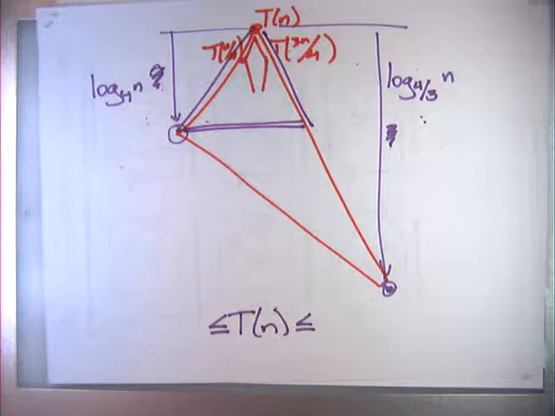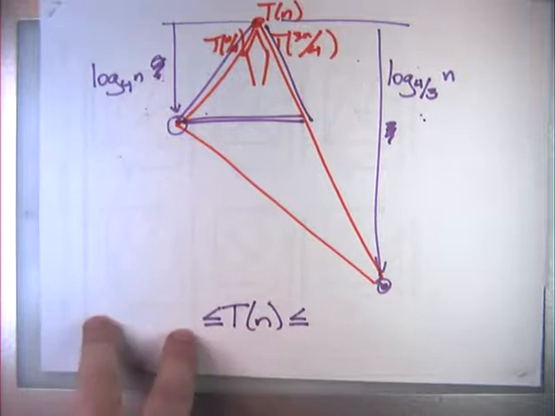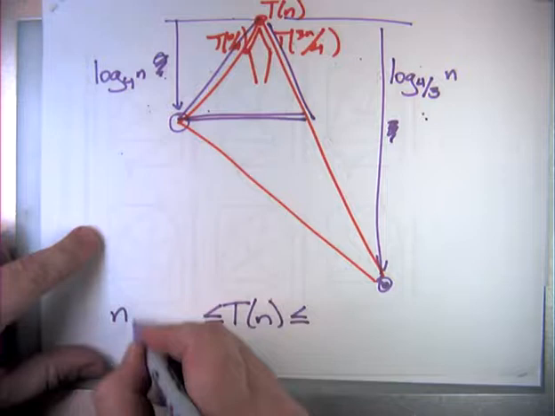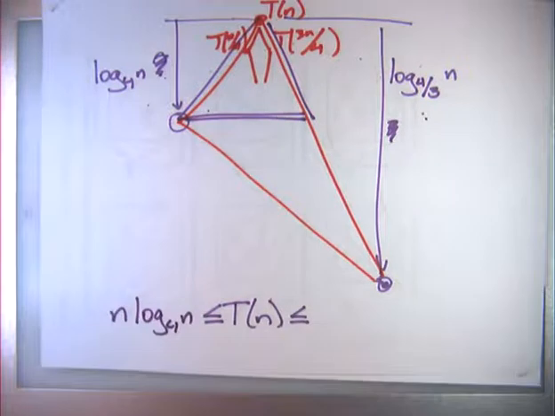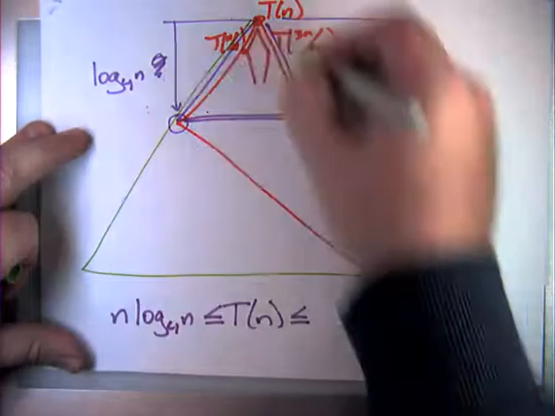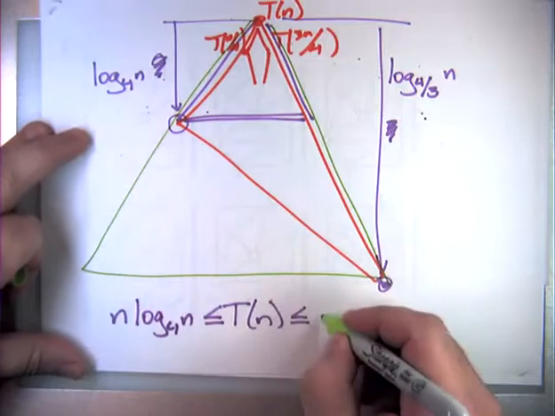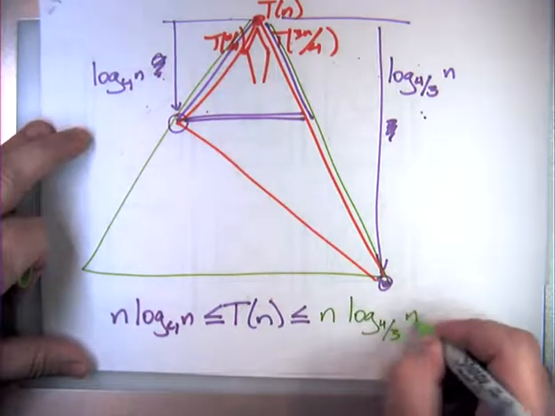Now I'm throwing something away, so I'm making the total amount of work smaller. But what goes here is now n times log base 4 of n. Similarly, if I want an upper bound, I just imagine the tree goes all the way down to the deepest leaf. And I get n times log base 4/3 of n.